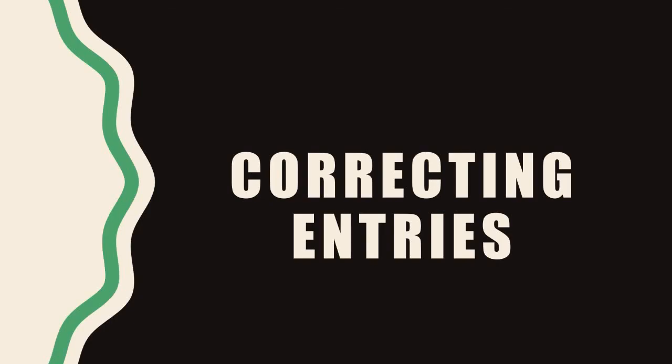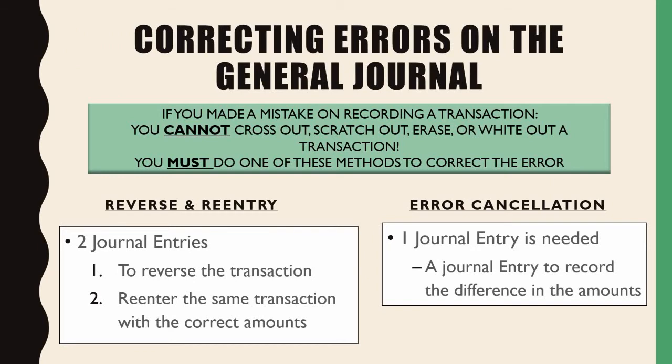Next, we're going to be going into correcting error entries. Now, because you guys are beginners, or I'm going to make the assumption that we're beginners at journalizing our transactions, we will make mistakes. And on top of that, 95% of accounting mistakes are human.